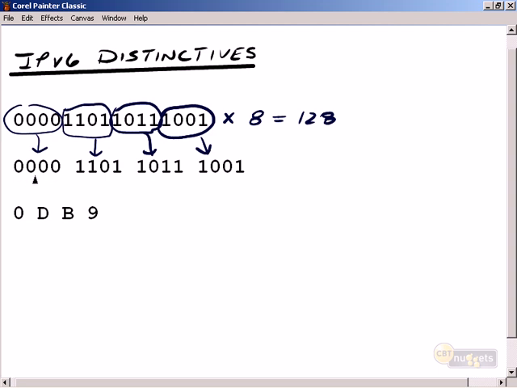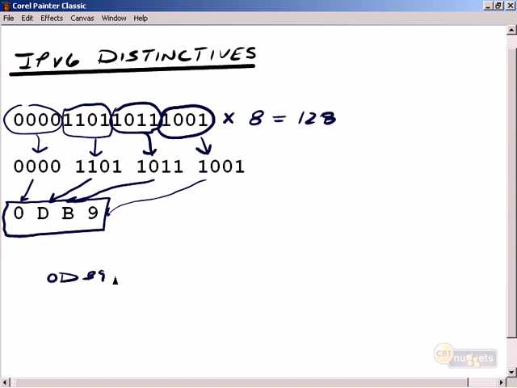All 4 zeros are going to be 0. 1101, which in decimal is 13, is represented in hex by the letter D. 1011, which is 11 in decimal, is represented by B in hexadecimal, and 1001, which is decimal 9, is represented by hex 9. So these 16 zeros and ones become this little hex segment, 0DB9, and we separate these segments with colons, okay?